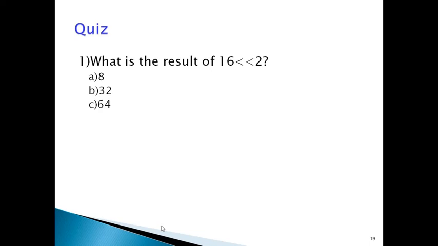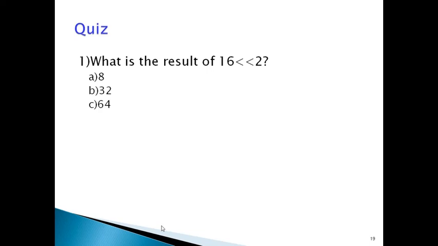Whenever you perform the left shift operation, the value is increased because we are moving the bits left side and filling the zeros at right side. Then the value increased. Here we are performing two shifts, two levels.